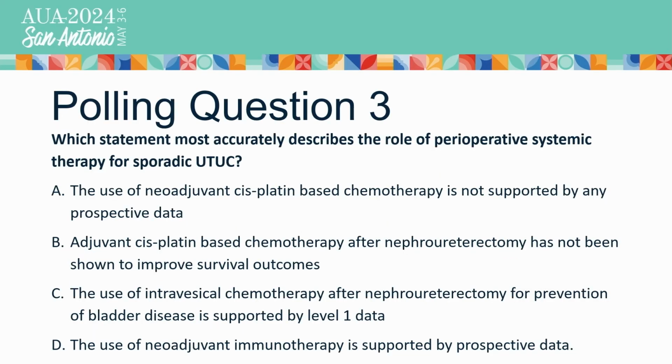Question number 3. Which statement most accurately describes the role of perioperative systemic therapy for sporadic UTUC? A, the use of neoadjuvant cisplatin-based chemotherapy is not supported by prospective data. B, adjuvant cisplatin-based chemotherapy after nephroureterectomy has not been shown to improve survival outcomes. C, the use of intravesical chemotherapy after nephroureterectomy for prevention of bladder disease is supported by level 1 data.